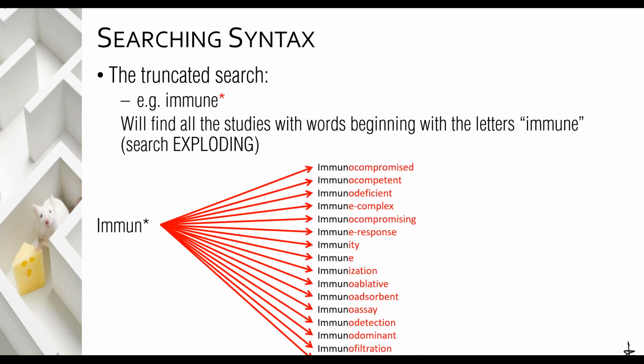It's going to give me all the different combinations that start with the word immune. Okay, so immunocompromised, immunocompetent, immunodeficient, immune complex, response, immunity. So just by starting with the trunk, it's going to take everything that starts with that trunk.